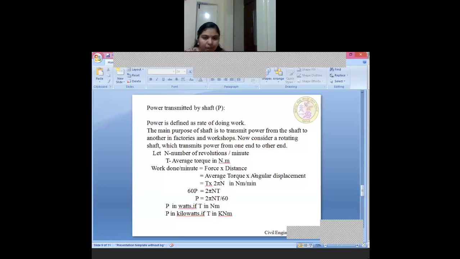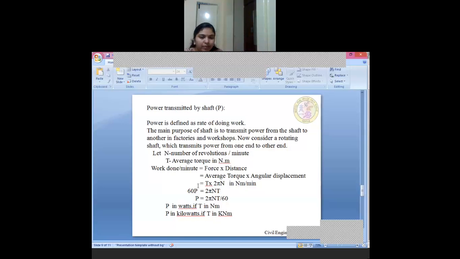So, what is the average torque? I will say it as T into angular displacement 2 pi N, because it is the circumference and then the number of revolutions. So 2 pi N is the angular displacement, T is the average torque, so work done per minute is T into 2 pi N. The unit is torque in Newton meter, and this is the work done per minute.